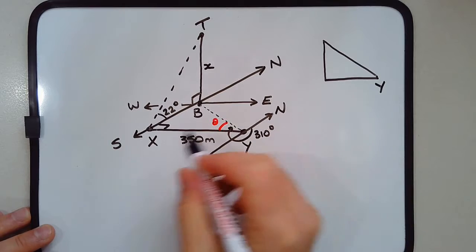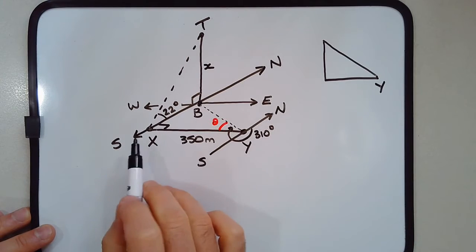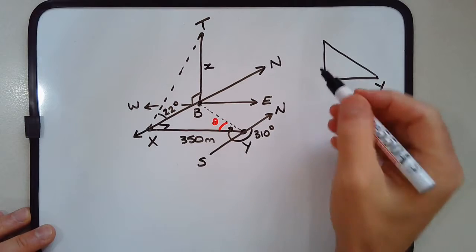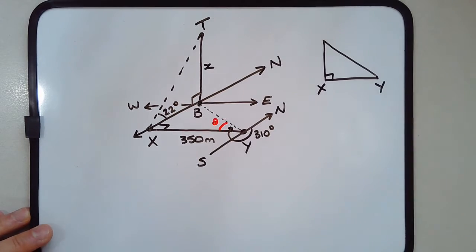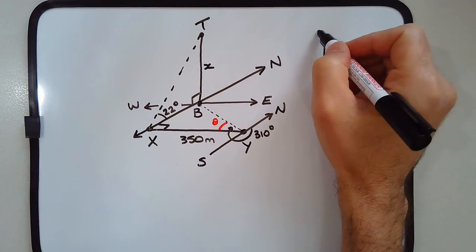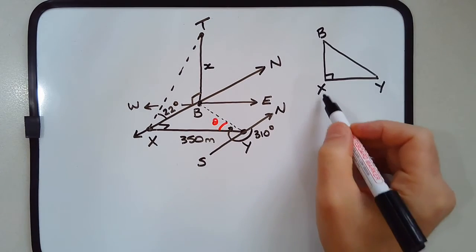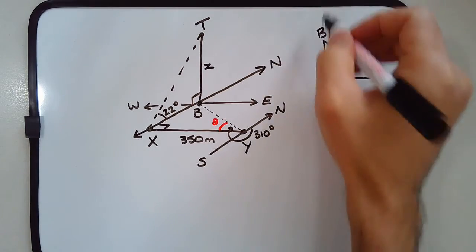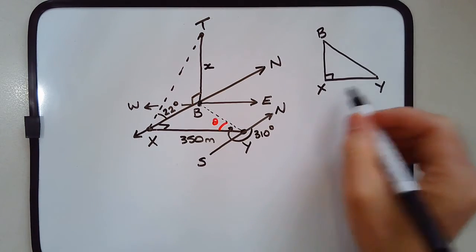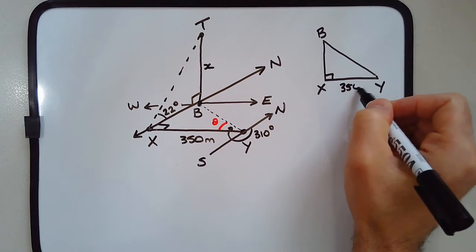There's Y. Sorry, that's not there, that's south there. Sorry, it should be XY. That's what happens when you put labels close to each other. So it's actually BXY, and there's B here. South is down here. Obviously that's the north-south line, this line here. XY is 350 meters.